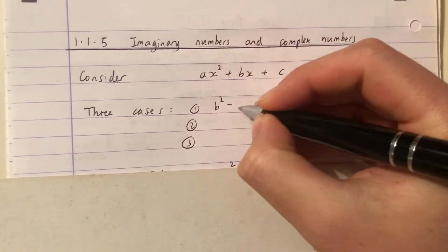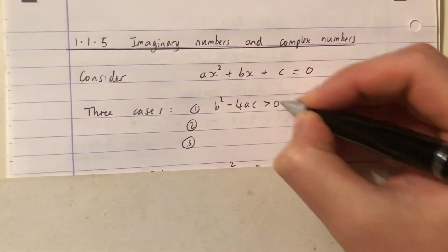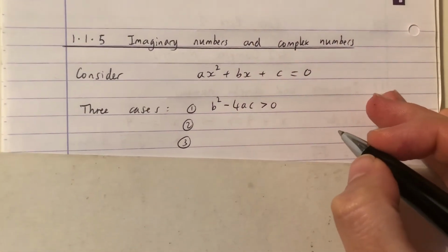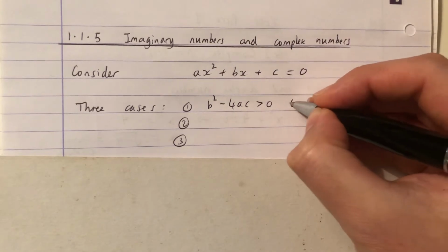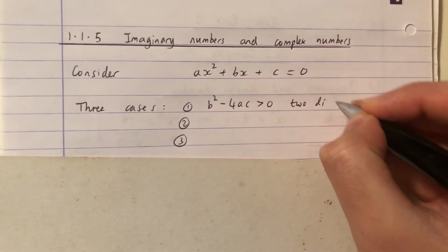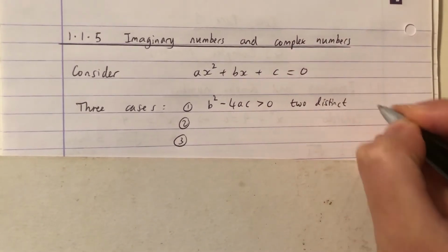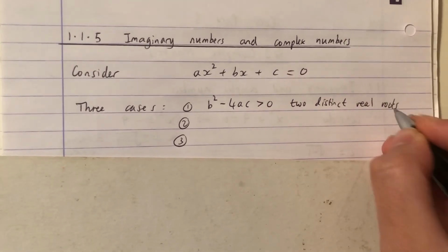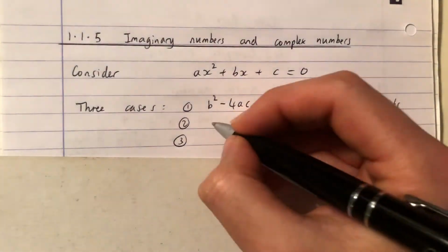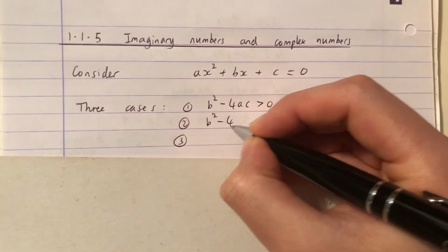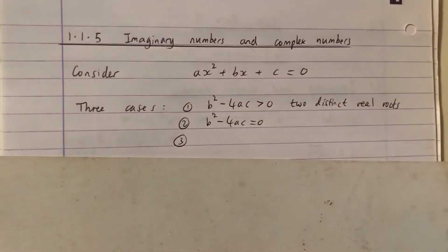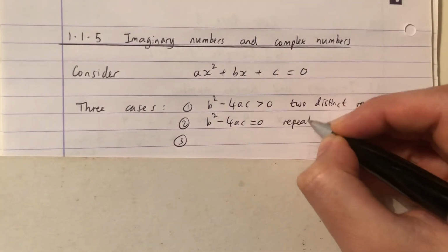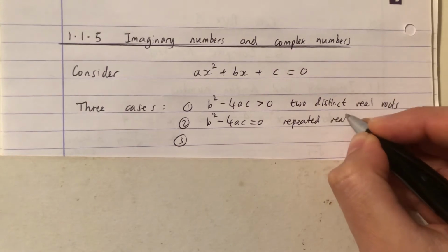If I looked at the discriminant and it was greater than 0, you would be expected to know there are 2 distinct real roots, and if the discriminant was equal to 0, you'd have a repeated real root.